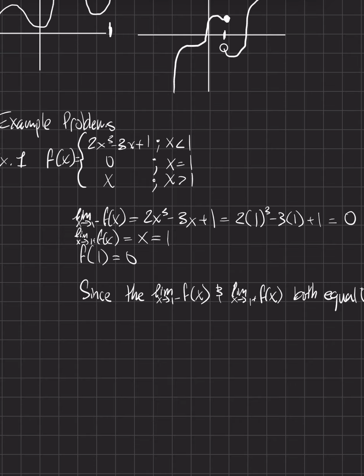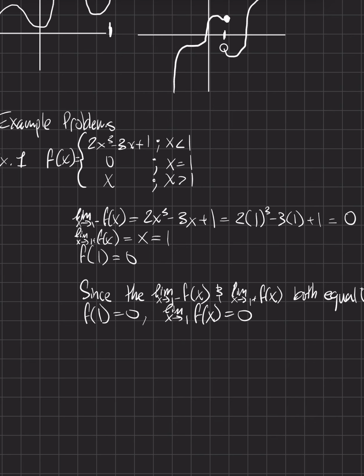Since they both equal 0, and then f of 1 is also equal to 0, now we can say that the limit as x approaches 1 of f of x is also going to be equal to 0.